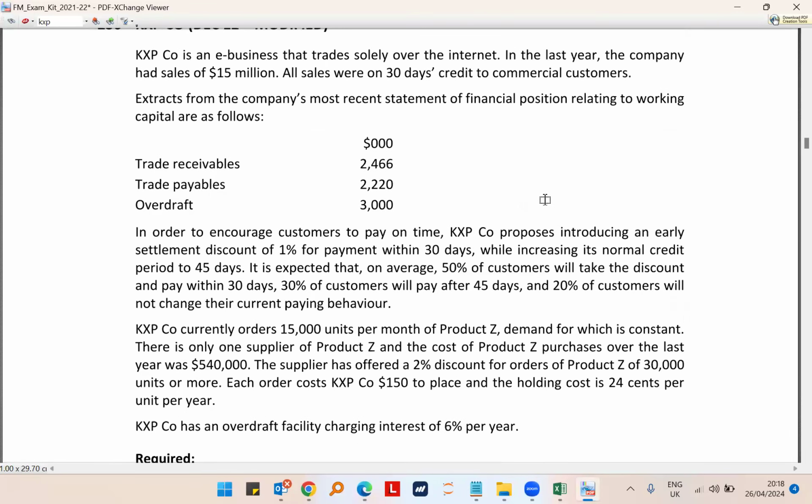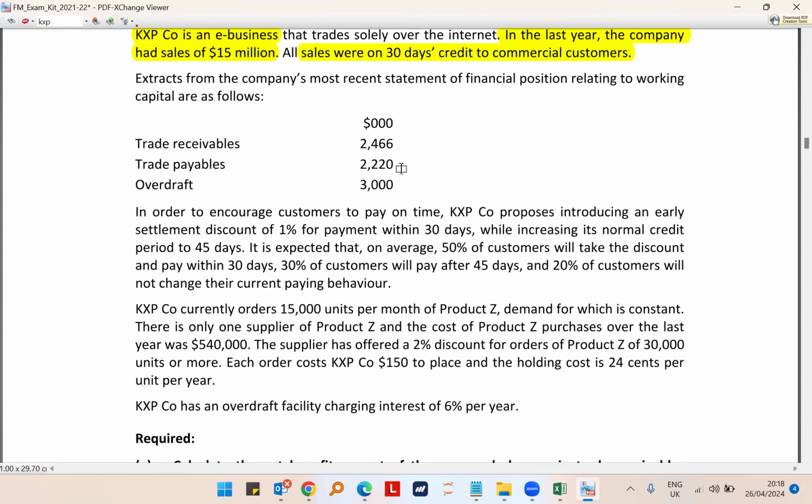They're saying that KSP is an e-business that trades solely over the internet. In the last year, the company had sales of 15 million. All the sales were on 30 days credit to commercial customers. The financials show that receivables were 2.466 million, payables 2.2 million, and there was an overdraft of 3 million.